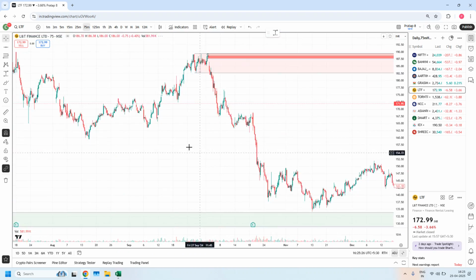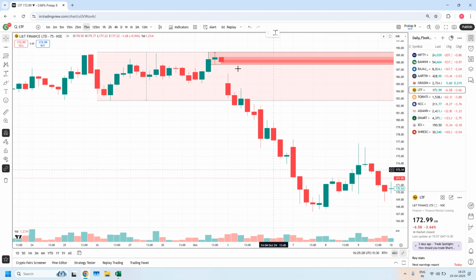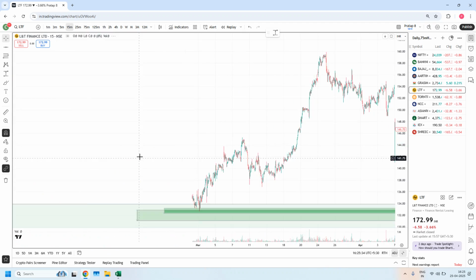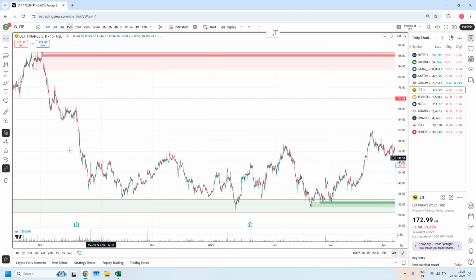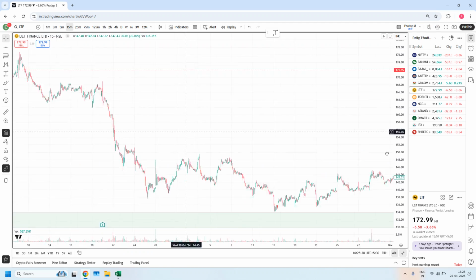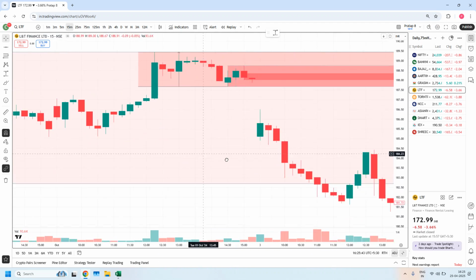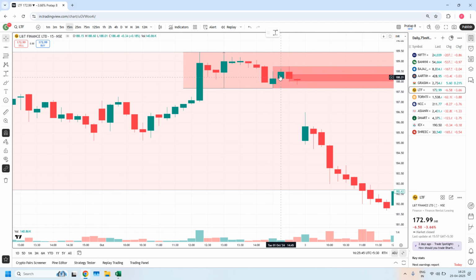Inside daily we have a 75 minute zone. We have a rally base with hidden body drop. And within that we have a 15 minute zone. I don't think there is any difficulty for you in identifying this. You have a drop, 1, 2, 3, 4 base candles and a drop candle. This is the 15 minute zone.